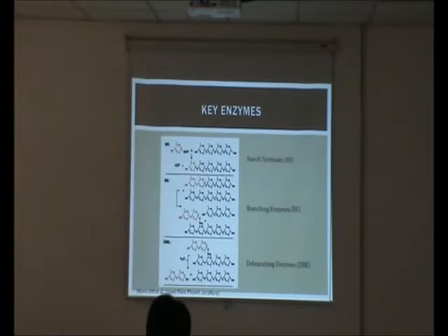The second enzyme is branching enzyme, and I call it BE. This enzyme will cut part of the chain and then add that part into another chain, as shown here. Okay, so this one cuts these two glucose units from one chain and puts them into another chain. But you can see the difference between these two enzymes.